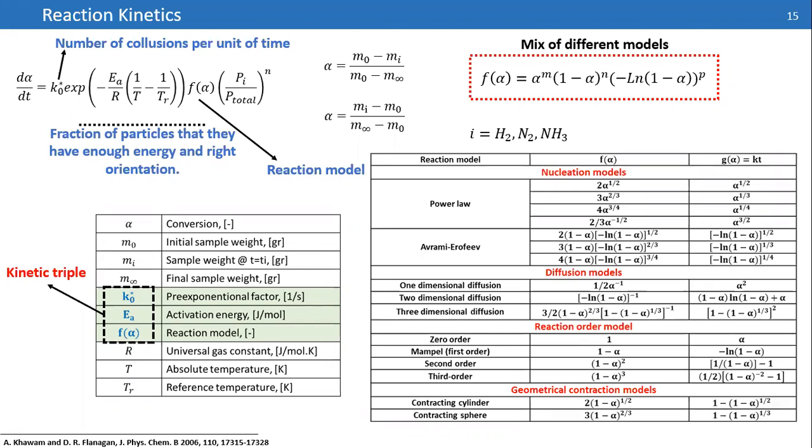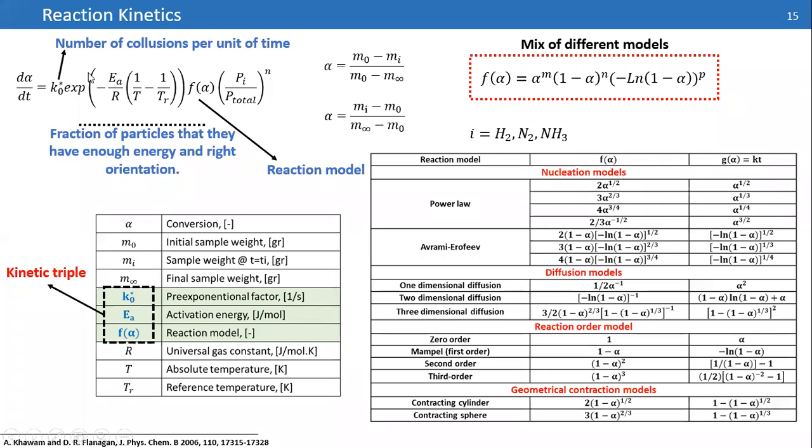I'm going to introduce some equations about the kinetics of solid state reactions, which have a general form like this. Alpha is the mass change of your reactant, your adsorbent for example, defined similarly to a conversion.